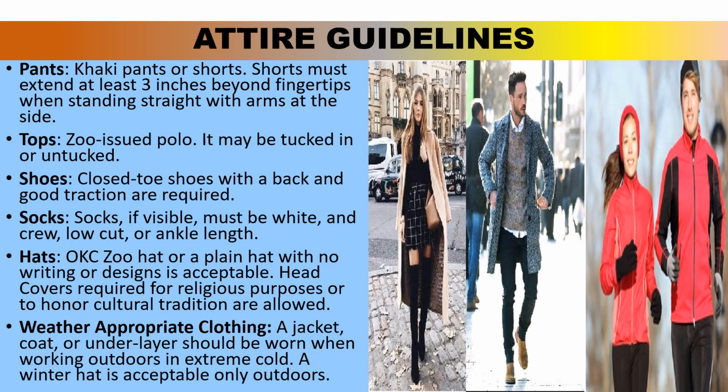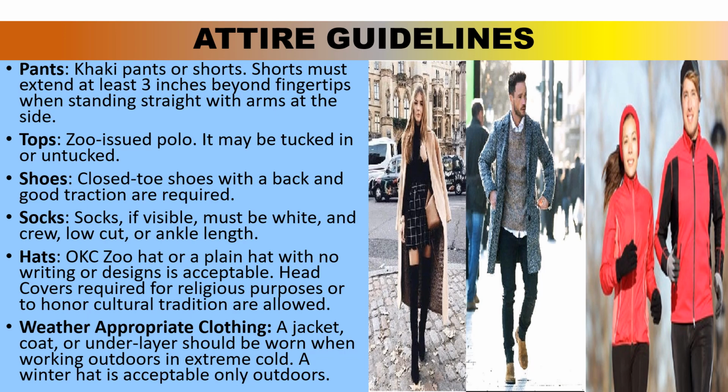Attire guidelines. Pants: khaki pants or shorts. Shorts must extend at least 3 inches beyond the fingertips when standing straight with arms at the side. Tops: zoo-issued polo, which may be tucked in or untucked. Shoes: closed-toe shoes with a back and good traction are required. Socks: if visible, they must be white and crew, low cut, or ankle length.